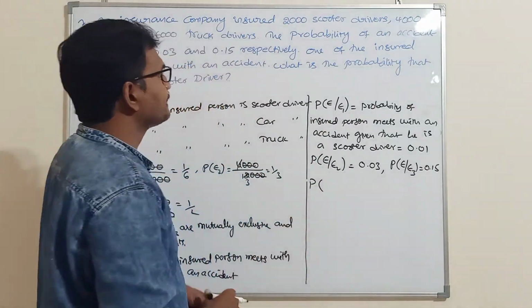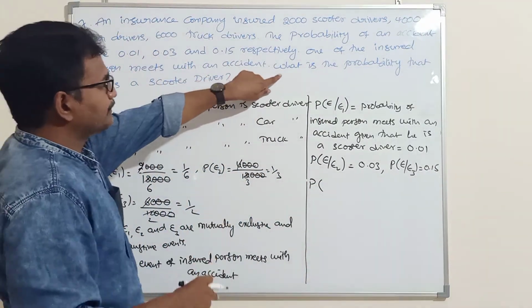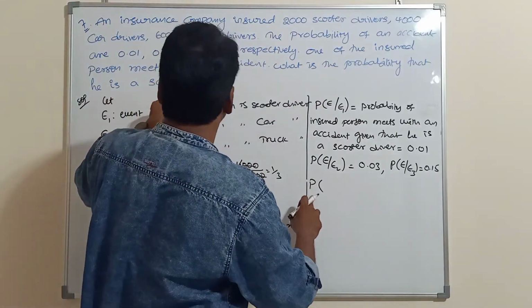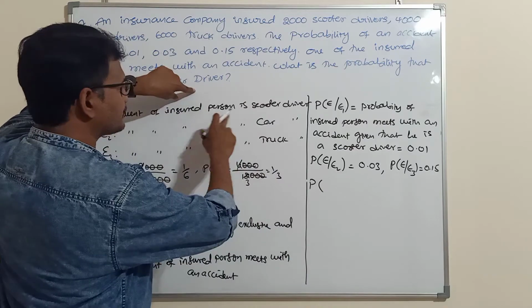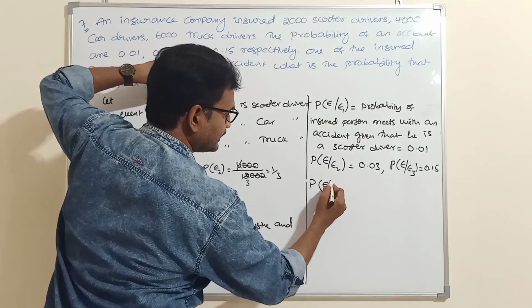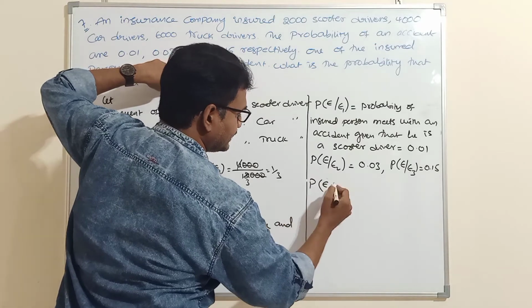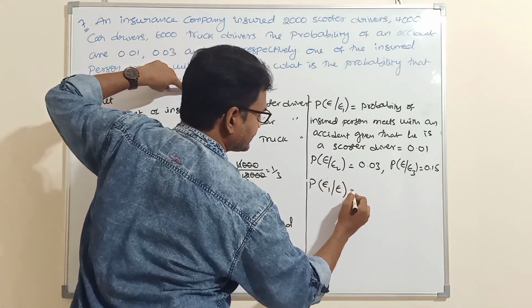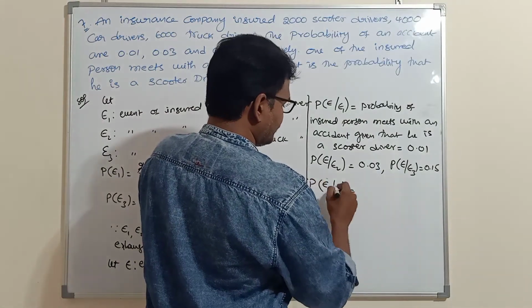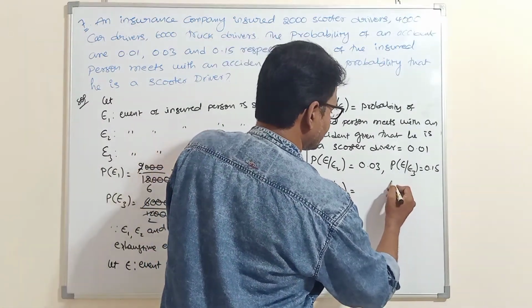Then finally, what to find? From Bayes theorem, the probability that he is a scooter driver, that means E1, given that he meets with an accident. This value we have to find. So what is the formula for this?